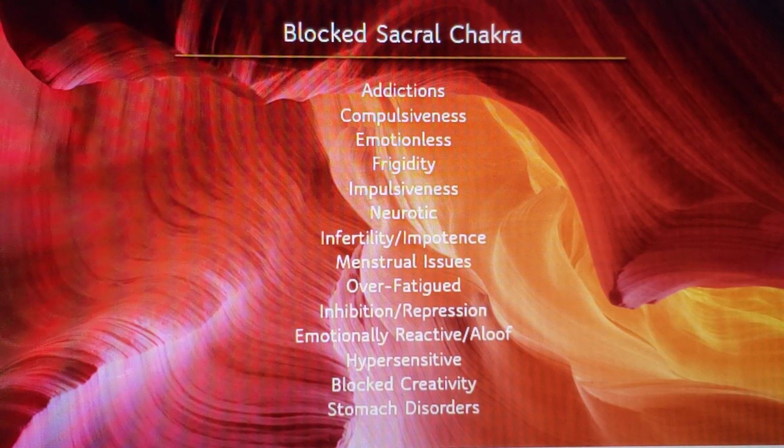You can be a person who's emotionless, frigidity, impulsiveness, neurotic, infertility or impotence, menstrual issues, over fatigued, which I wouldn't say being over fatigued right now is necessarily a symptom, because our planet is going through its ascension, and that will make you feel very lethargic at times. Inhibition and repression, emotionally reactive or aloof, hypersensitive, blocked creativity, and stomach disorders.